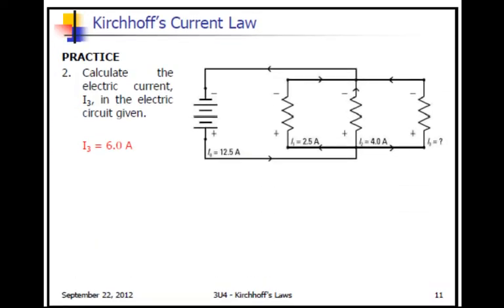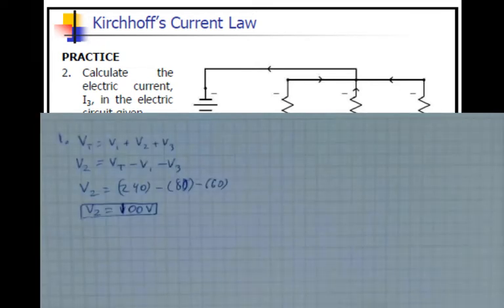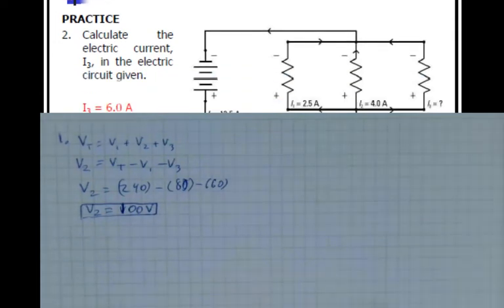And here's a question. It says calculate the electric current in I3, so branch 3, for this circuit. Let's turn the camera on and move this so we can see it a bit better.